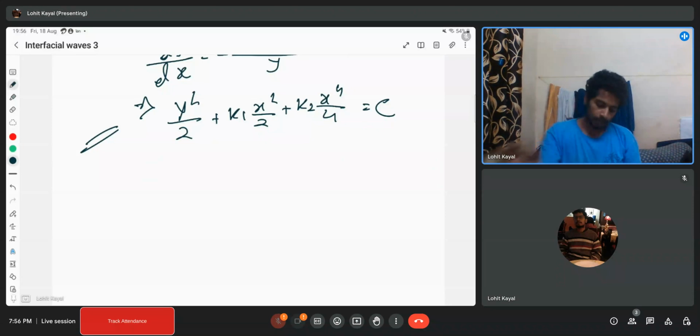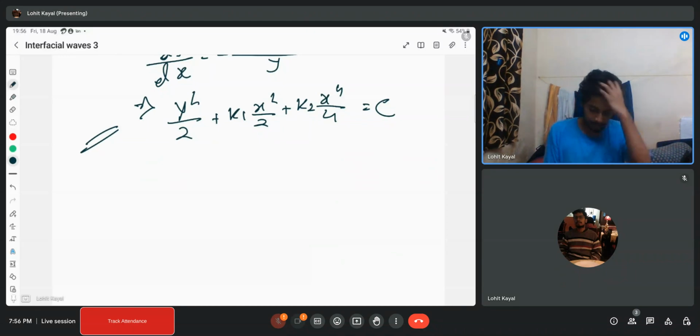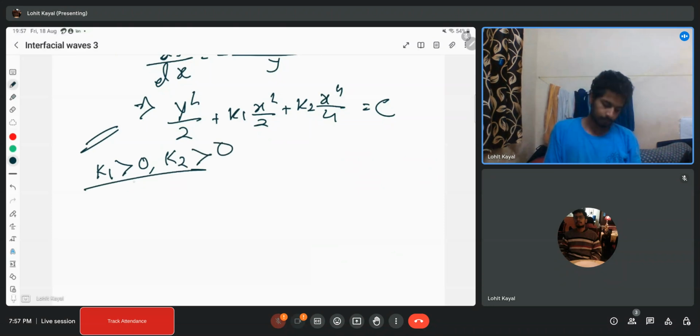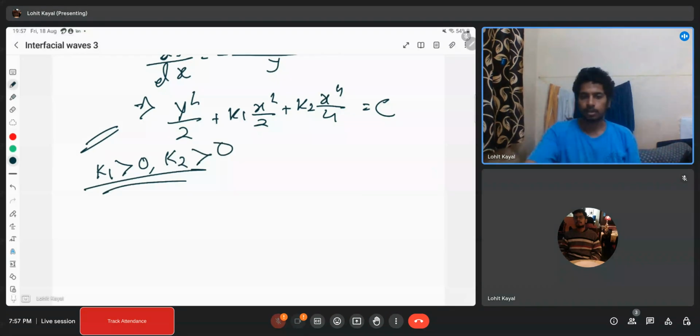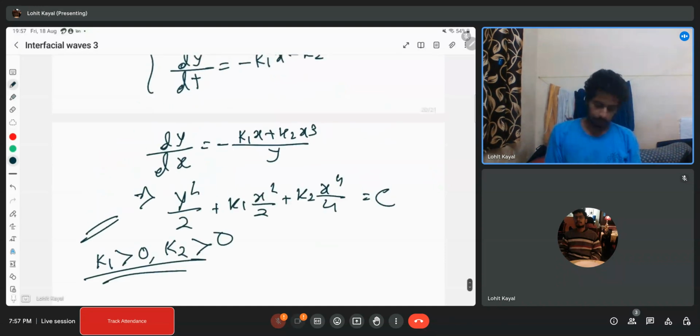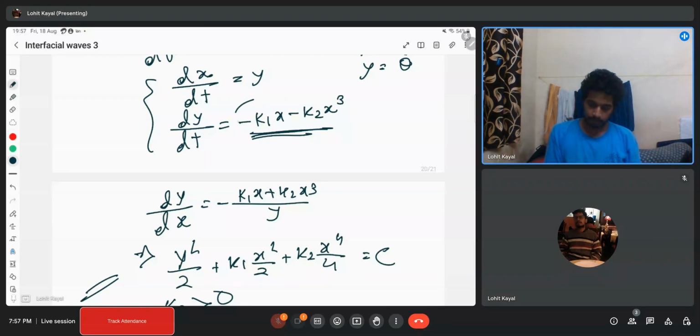Now this is an interesting question: if k1 is greater than 0, k2 is greater than 0, then what kind of motion are you expecting? How can you analyze this? One way to analyze it is to look at the slope from this.